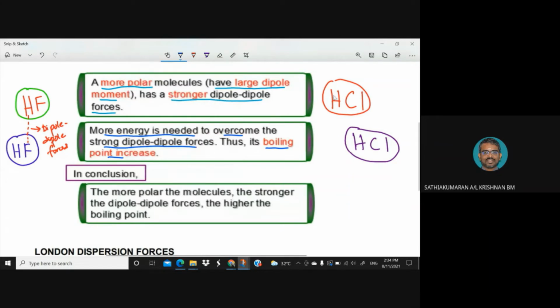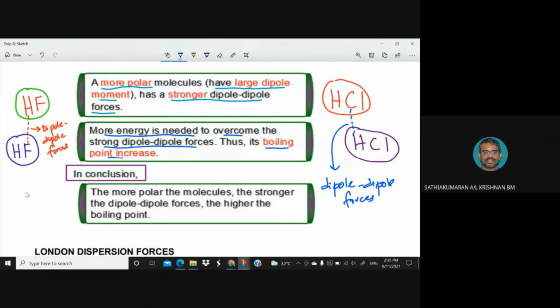So delta positive, delta negative, delta positive, delta negative. So where is the dipole forces? Here. So here will be the dipole forces.